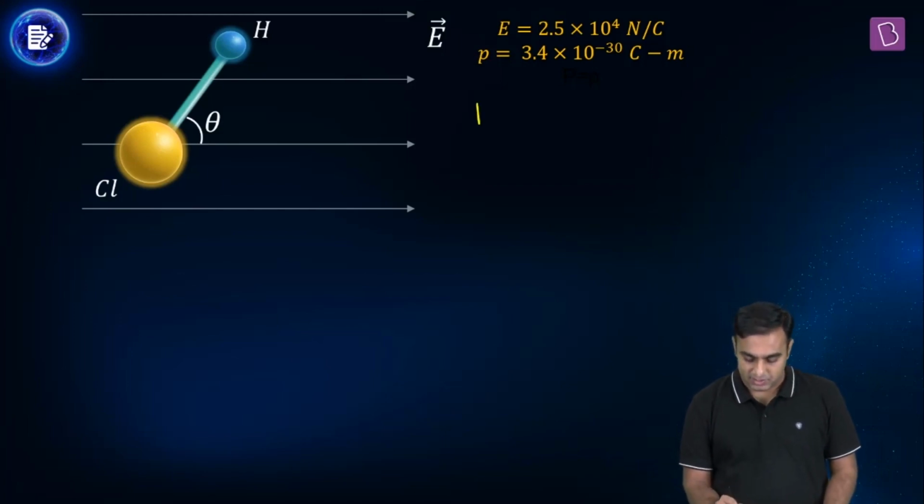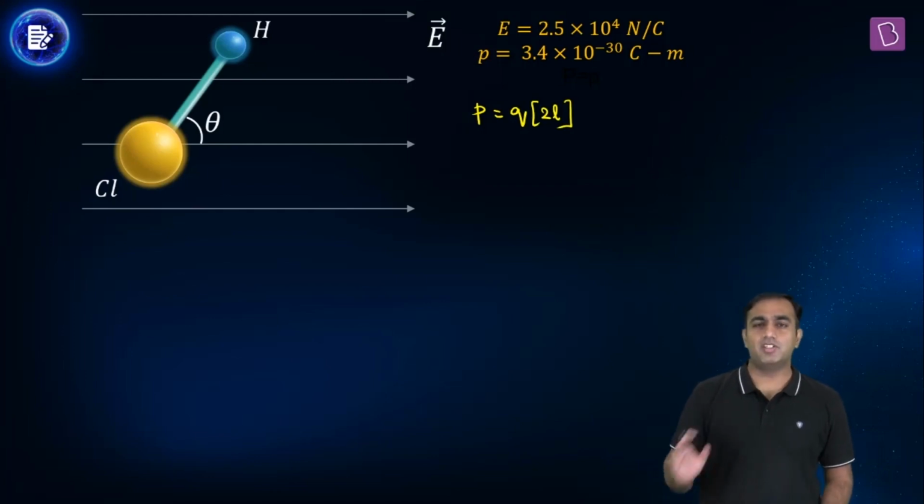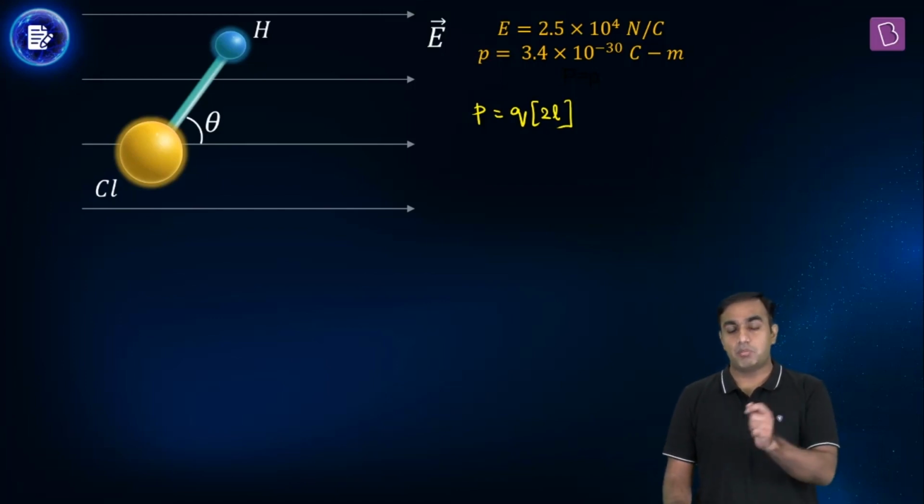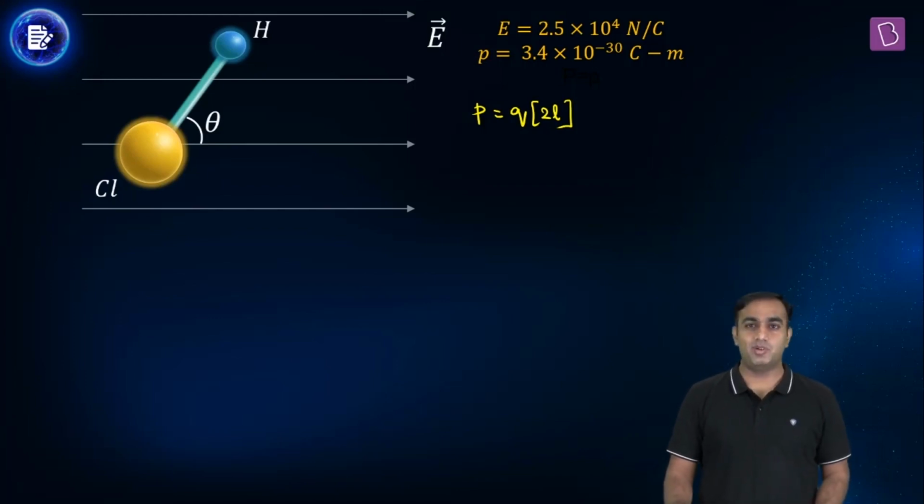We write it as P vector, and in magnitude it is equal to the magnitude of charge on either of the particles into the separation distance, let's say 2L between them. What about its direction? Simple. Electric dipole moment's direction is taken from negative charge to positive charge of the dipole. In other words, along the line from negative charge toward positive charge of the electric dipole.